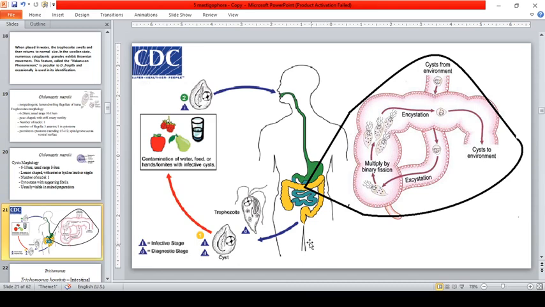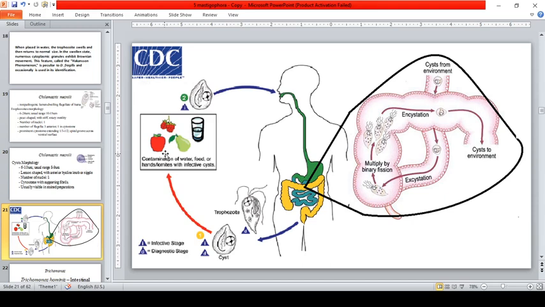So for the life cycle of the parasite, the cyst is the infective stage. The diagnostic stage is both the trophozoite and the cyst. Both cysts and trophozoites can be found in feces. Infection occurs by the ingestion of cysts in contaminated food or water, possibly through the fecal-oral route.